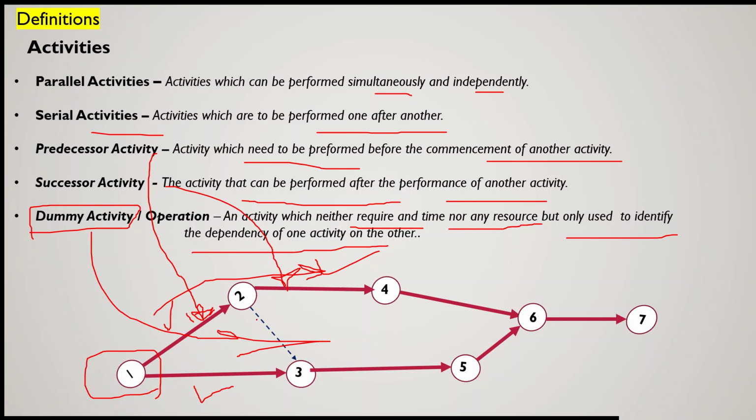So this type of connection, this activity 2-3 which we have shown, is a dummy activity. It doesn't have any duration and it will not consume any resources. So this is the procedure of planning any project by the methods CPM and PERT, so you can easily understand it more clearly. Thank you.